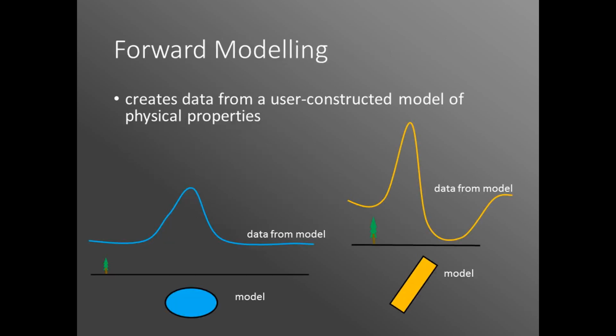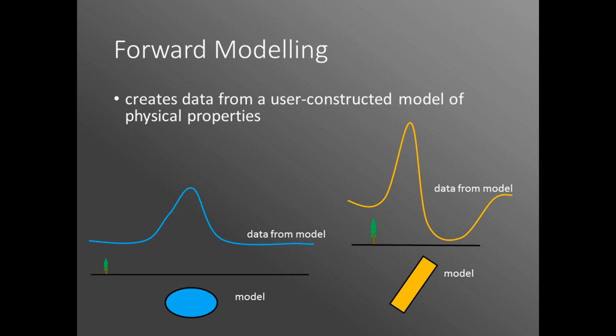So you're going to hear this. You've probably heard it from geophysicists you work with, or geologists, people that do mining. There's something called forward modeling. The concept of forward modeling is that you create data from a user-constructed model. You draw an imaginary geologic feature, and then it shows you what the geophysical data should look like from that feature.